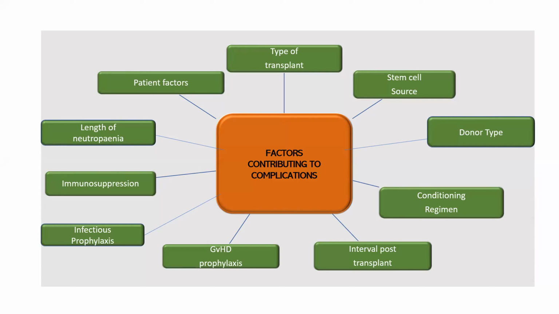Some of the drugs used for infectious prophylaxis may contribute, and most importantly, immunosuppression and the length of neutropenia. Another very important factor is the patient. The patient may have underlying comorbidities, or the type of treatment that he or she received prior to transplant, and the type of disease that you are transplanting. So there's a lot to consider.